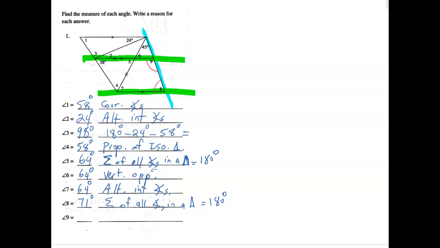So therefore, angle 9 has to be 109 degrees, because together, 71 plus 109 will give you 180 degrees. So this is angles on the same side of a transversal add up to 180. Okay, that is it.